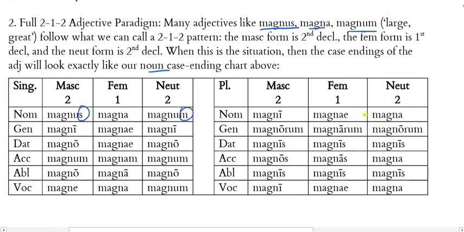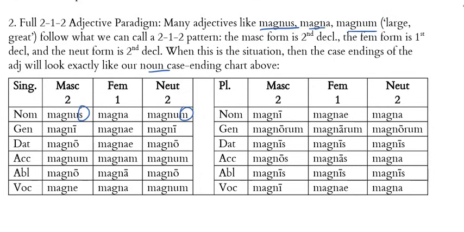And so what's going to happen is when the attributive adjectives are modifying nouns, you're going to find that if it's a masculine noun, it's going to be one of the forms of the second declension masculine adjectives. Okay? If the noun's feminine, then its matching adjective has to be from the feminine first declension column. All right? And then if the noun is a neuter noun, then its attributive adjective will come from the neuter column. All right.